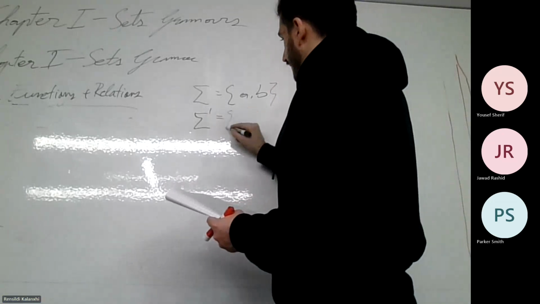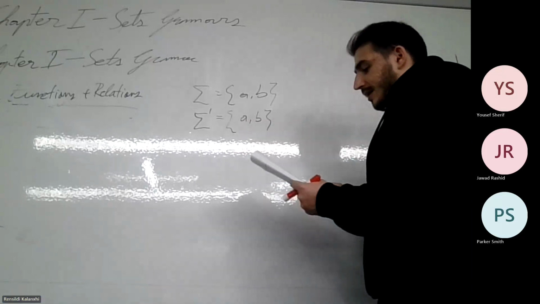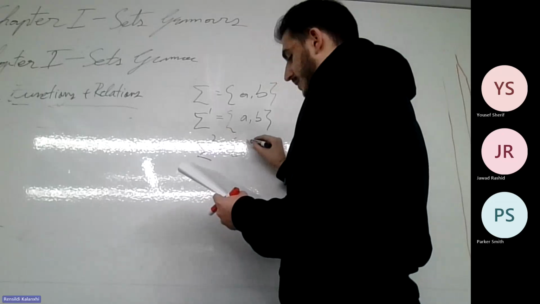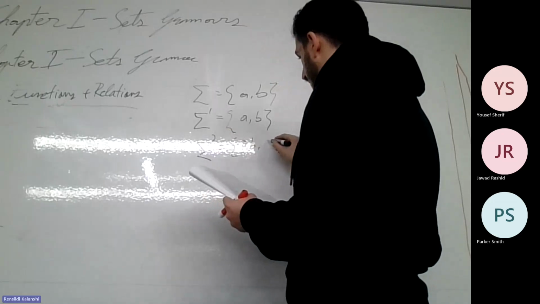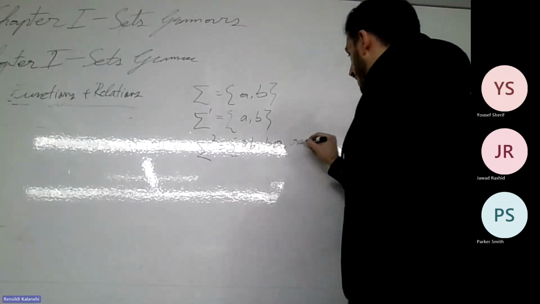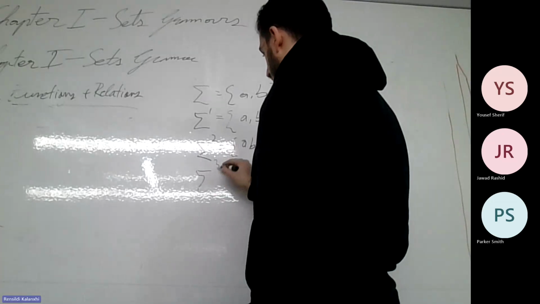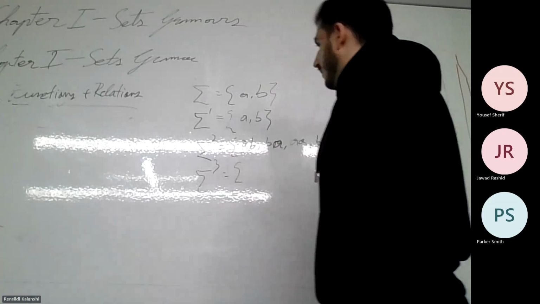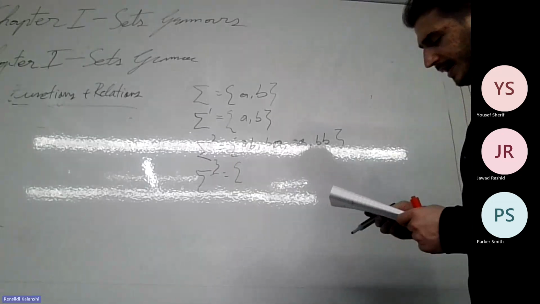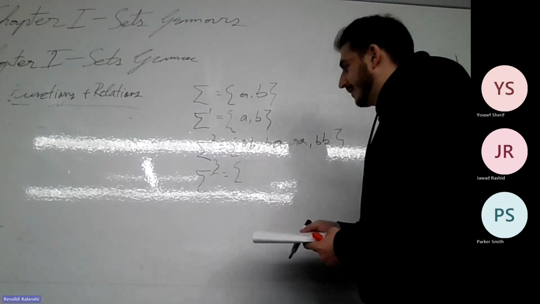So the alphabet to the power of 1 is basically just A and B. The power of 2 is going to be AB, BA, AA, and BB. And it will go the same way for the next one. So it will just increase, I think exponentially.